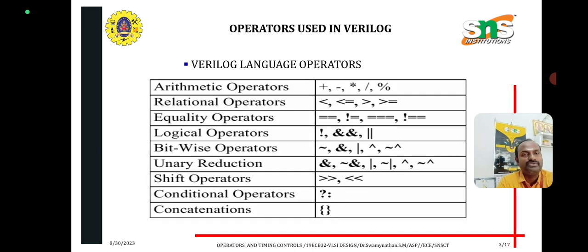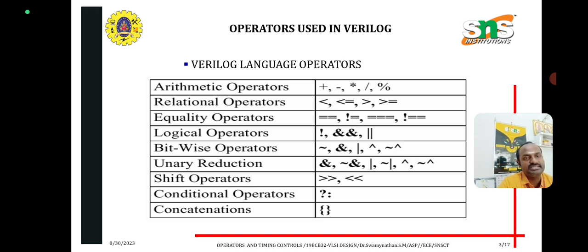First we will discuss the operators used in Verilog HDL. We use arithmetic operators like plus, minus, multiplication, division, and relational operators: less than or equal to, greater than or equal to. Equality operators mean equal and not equal, and logical operators mean not, the exclamation symbol, AND and OR.